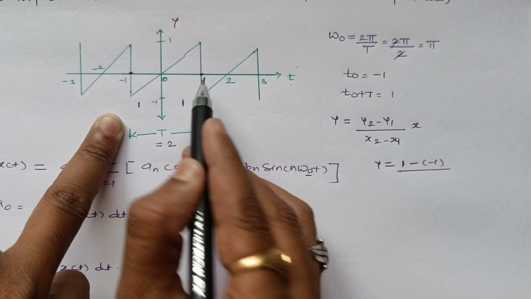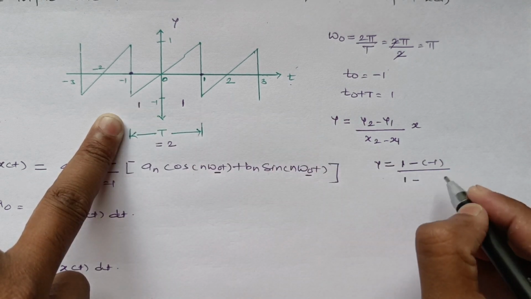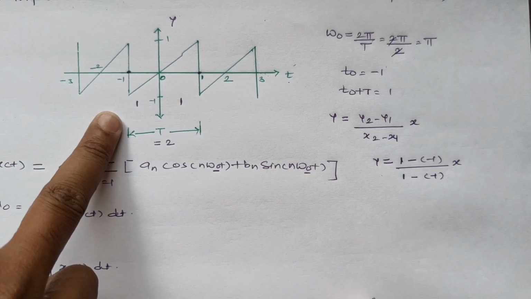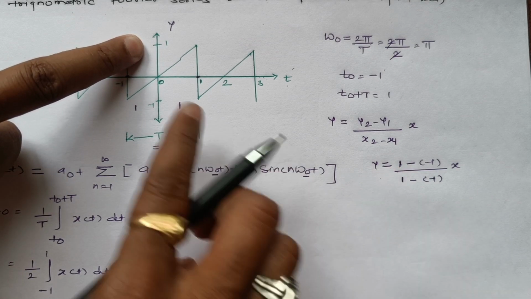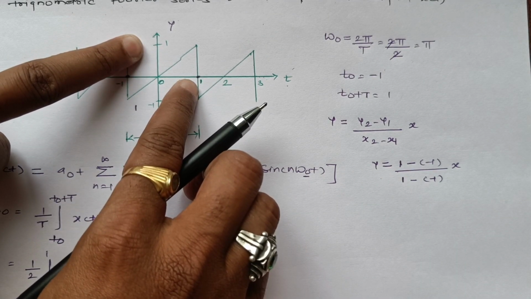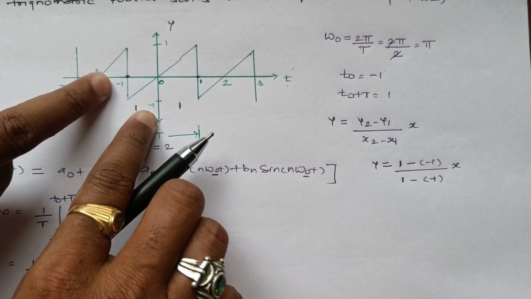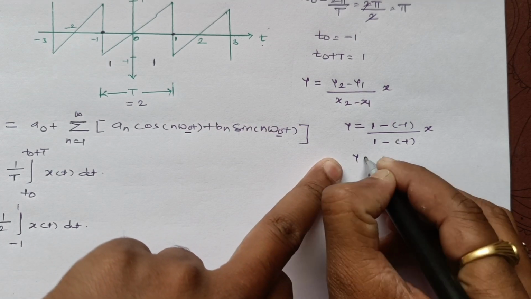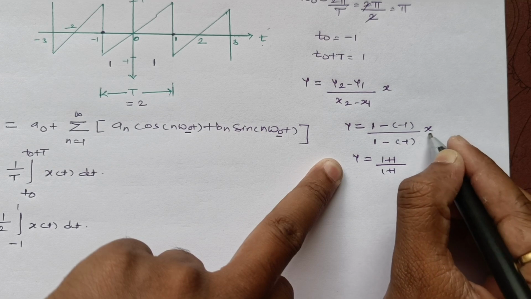So x2 we are having 1 minus x1 we are having again -1, into x. How have we written this? Y2 is the upper value corresponding to this x2, which is 1, and y1 is the lower value corresponding to x1, which is again -1. So we'll be getting y is equal to (1 plus 1) divided by (1 plus 1) into x.